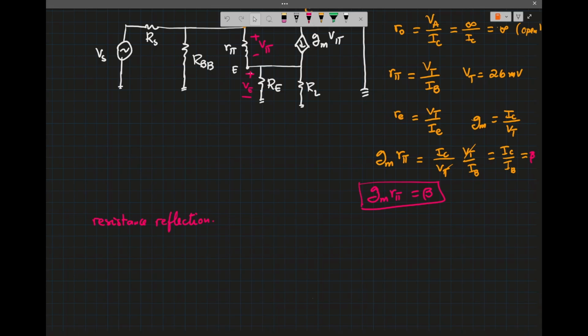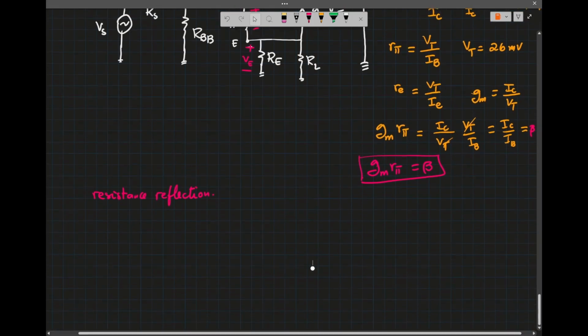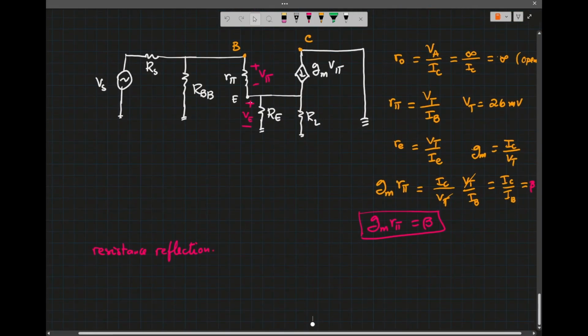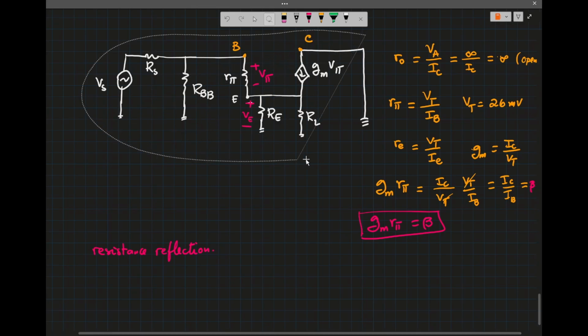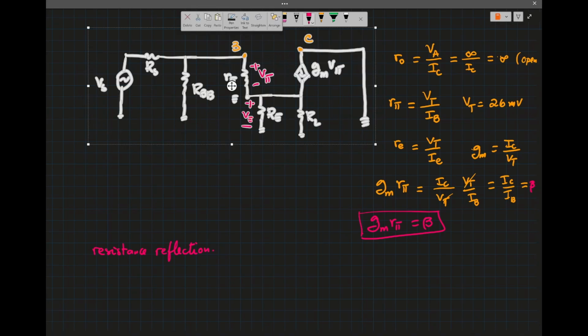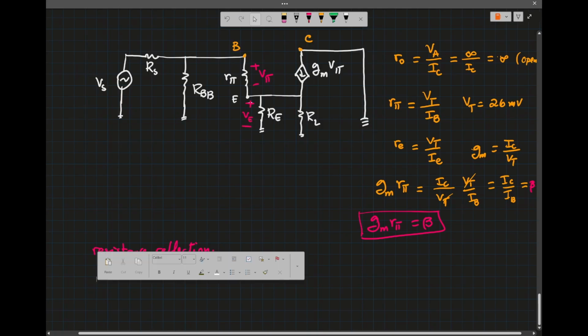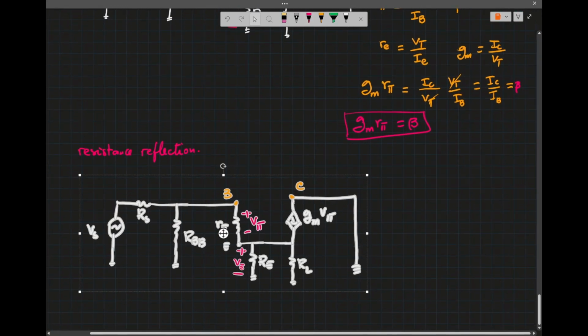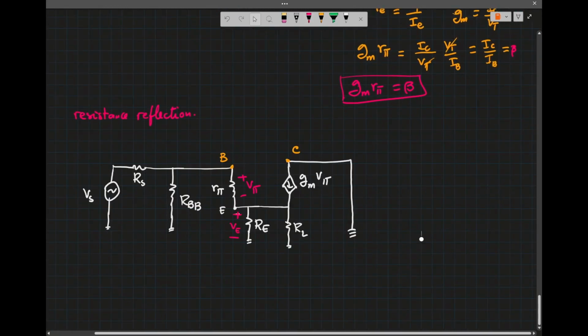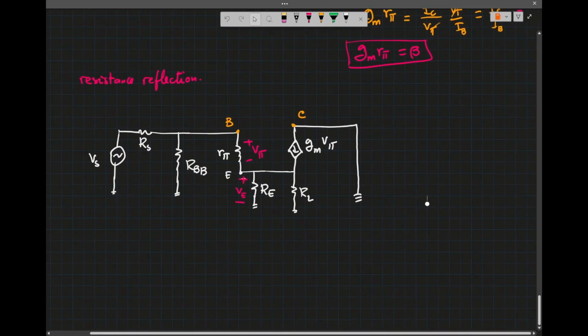Now, I get this network, the small signal equivalent circuit. I'm going to copy that and paste it here, and show you this reflection, which is very useful.